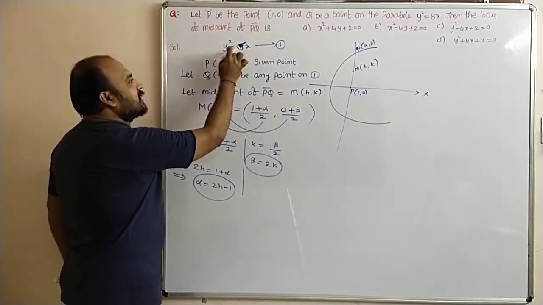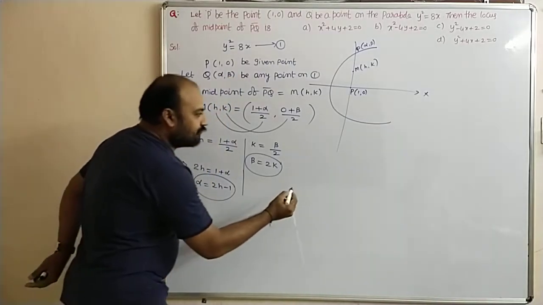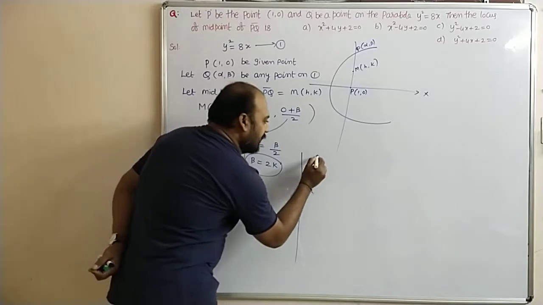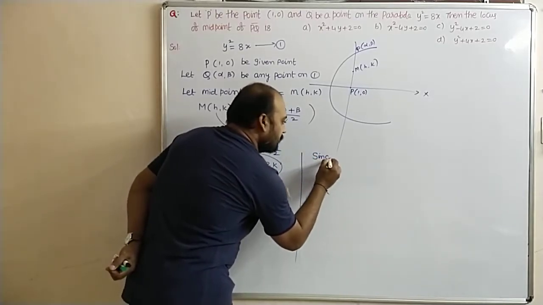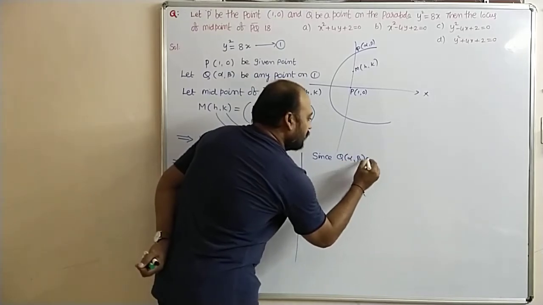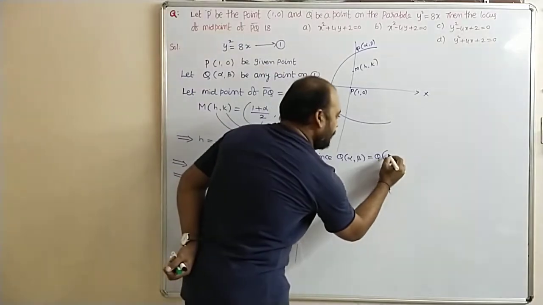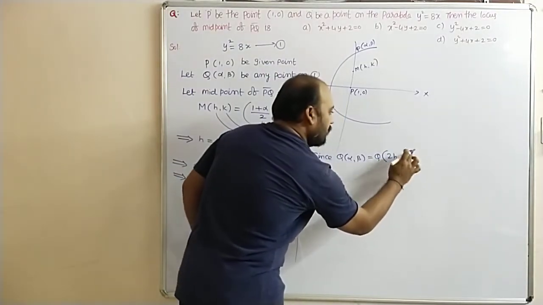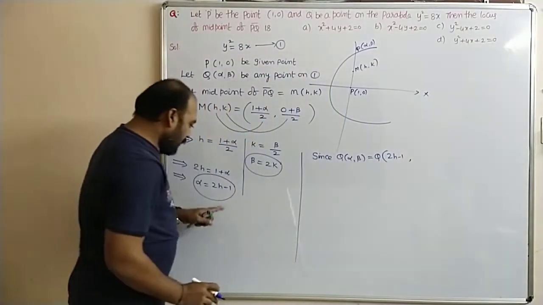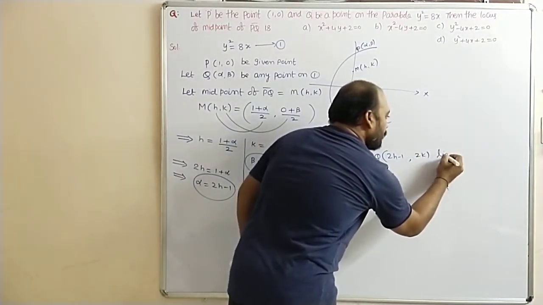In place of x, y, substitute alpha, beta. Since Q of (alpha, beta), that is Q of (alpha value we got as 2h minus 1, and beta value is 2k), lies on equation 1.